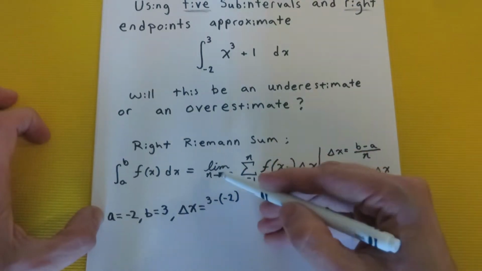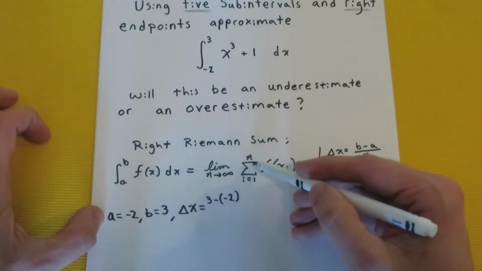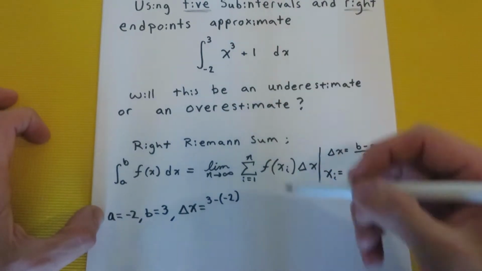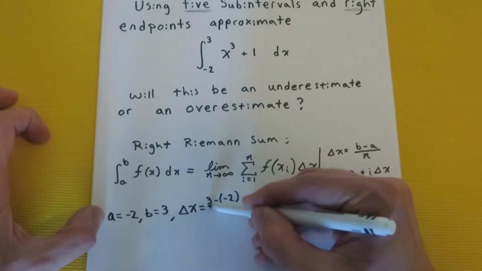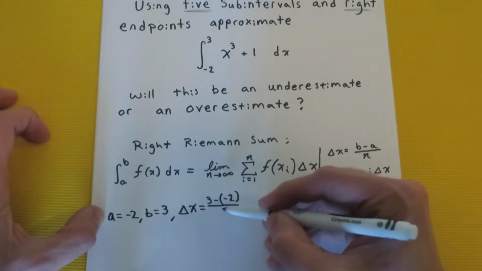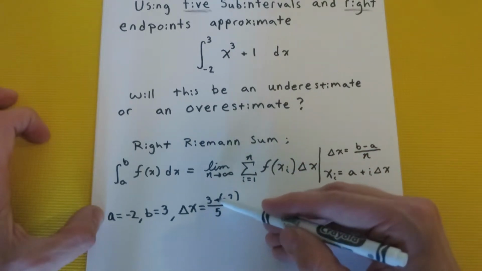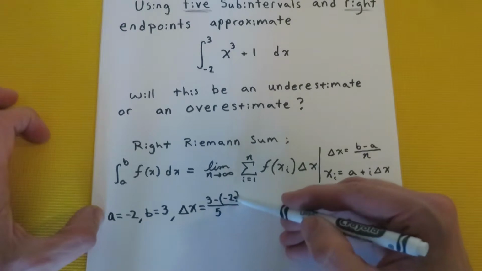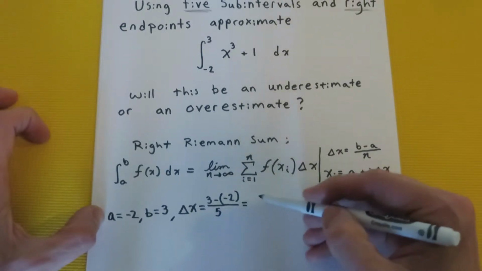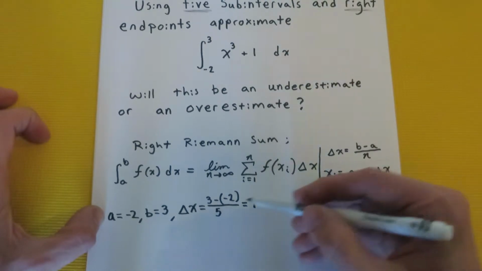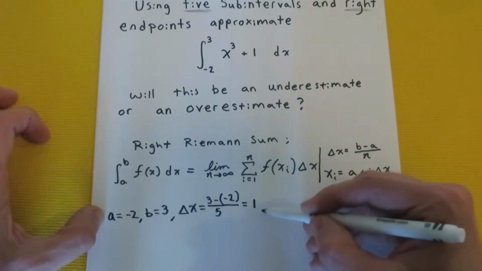Now, instead of the limit as n approaches infinity giving us infinite subintervals, we're just going to cap it at 5 subintervals. So every time we see an n here, this is just going to equal 5 because we're using 5 subintervals. So 3 minus -2, well, that's the same as 3 plus 2, which is 5. And that gives us 5 over 5, which is just going to equal 1. So our delta x, our change in x, is just equal to 1.